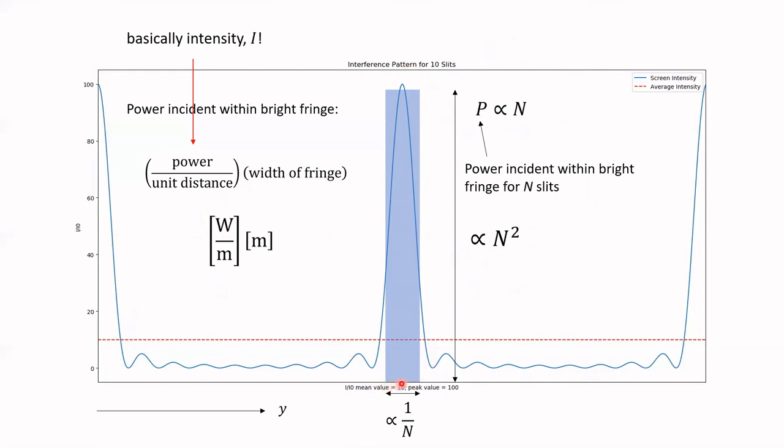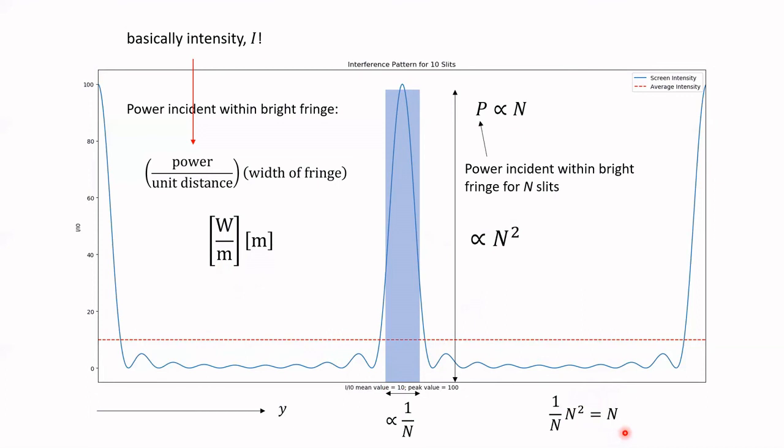And if the width were proportional to 1 over n, then height of the rectangle times width of the rectangle would be n squared times 1 over n, which would give us the correct dependence of the power within the fringe on n. N squared times 1 over n is n.